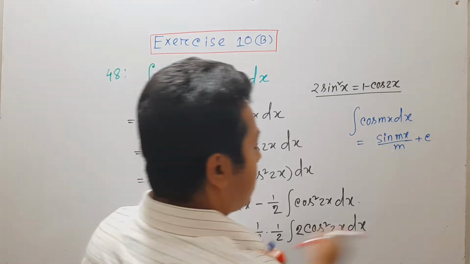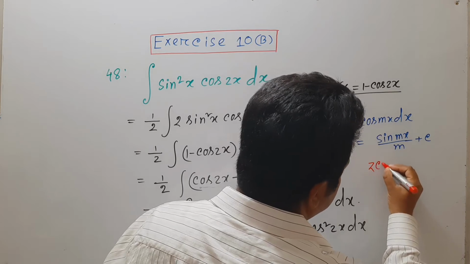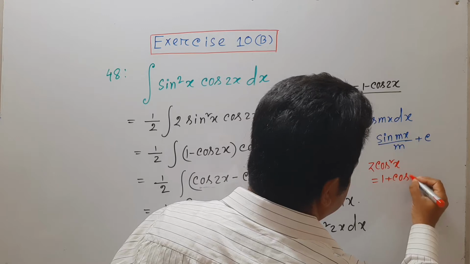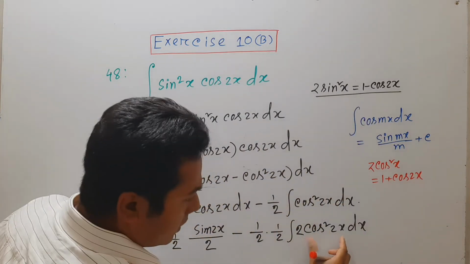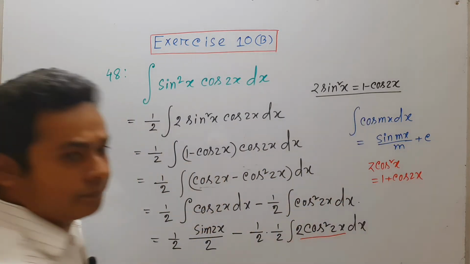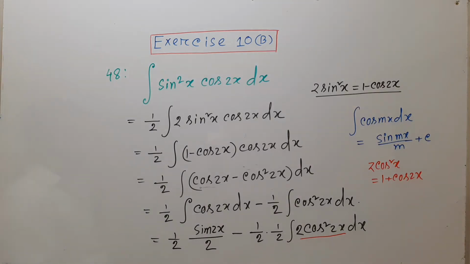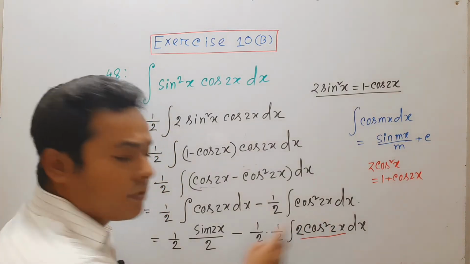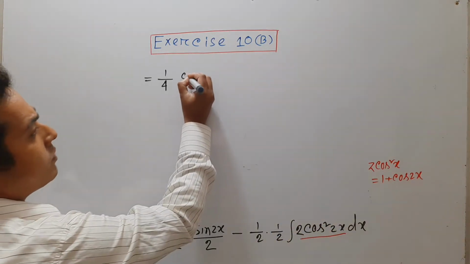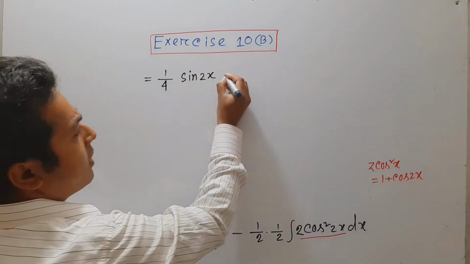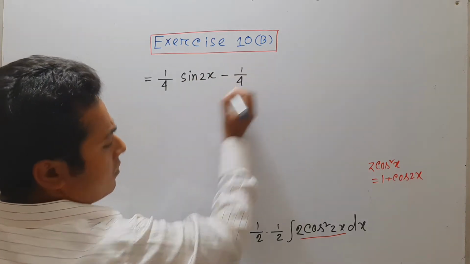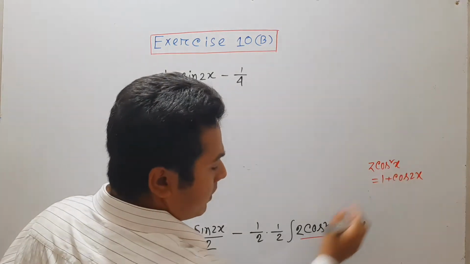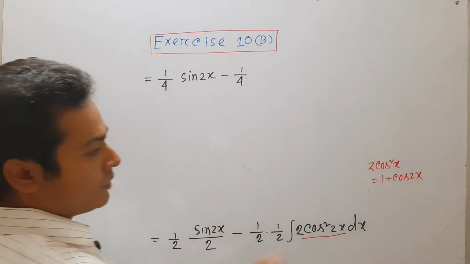Here 2 cos square x is equal to 1 plus cos 2x by this term. Okay, so 2 cos square x, here x is equal to 2x, 4 sin 2x minus 1 by 4, 2 cos square x by this formula.